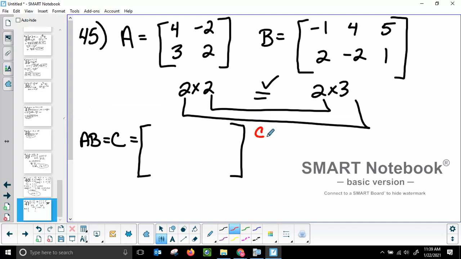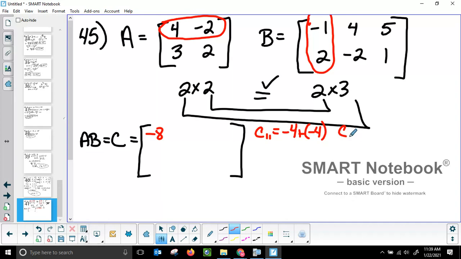Now, to do C11, I take this row times this column, right? First row, first column. 4 times -1 is -4, plus -2 times 2 is also -4, so this equals -8.